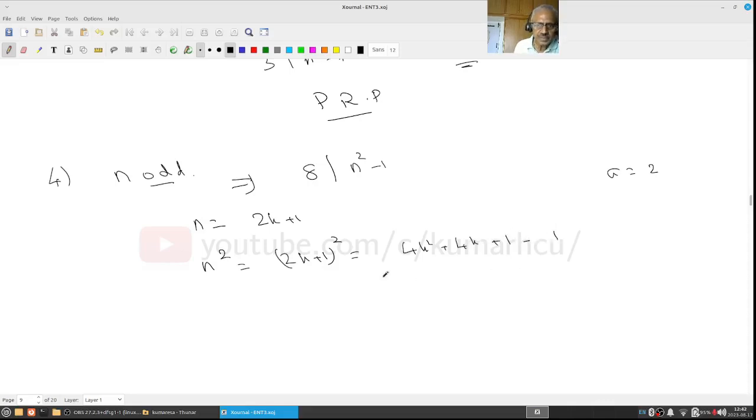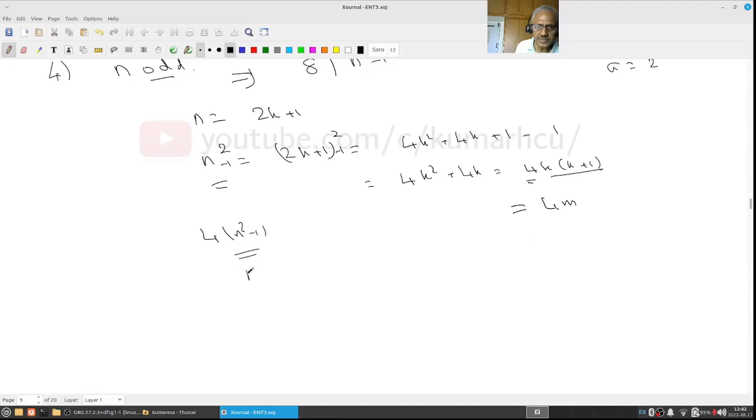That is n squared minus 1, which is equal to 4k squared plus 4k, which is 4k into k plus 1. You understand? Now you can see n squared minus 1, 4 already divides. Now let us write it as 4 into m. But what is m? M is k into k plus 1.